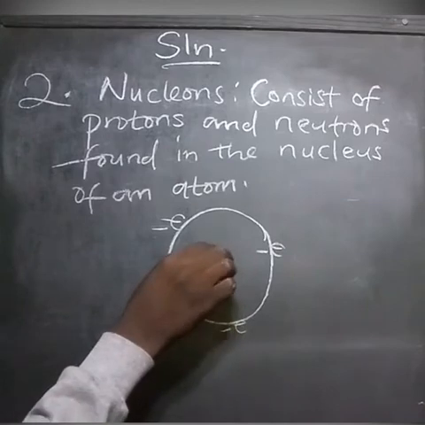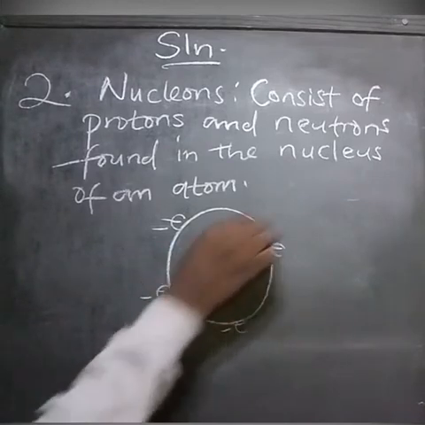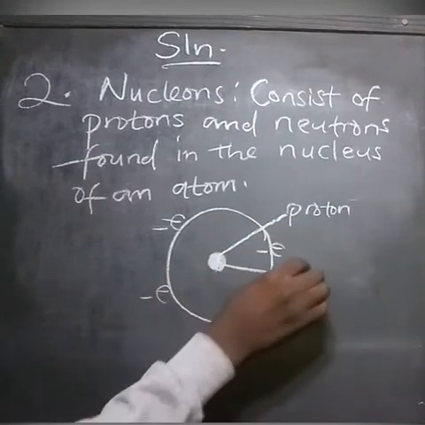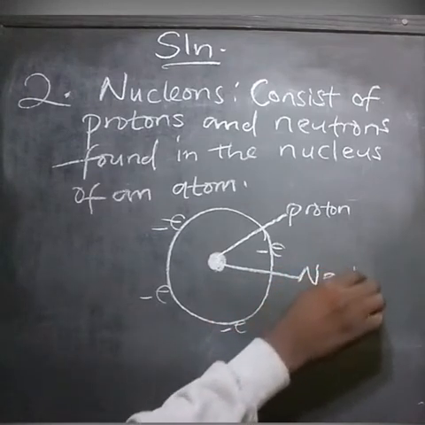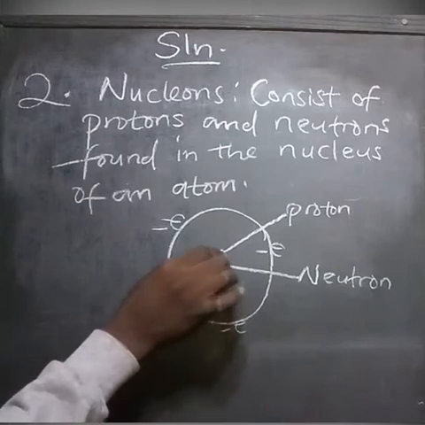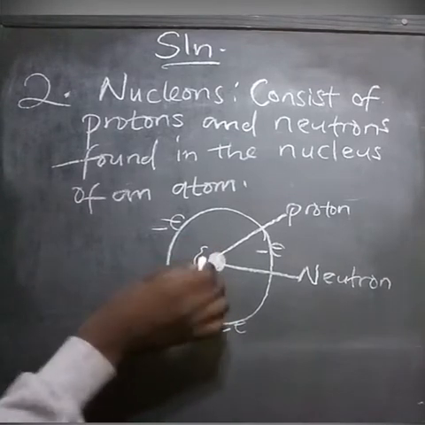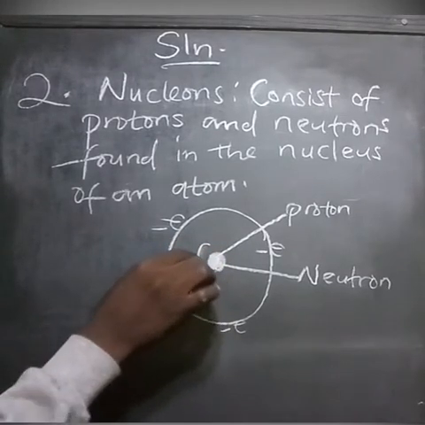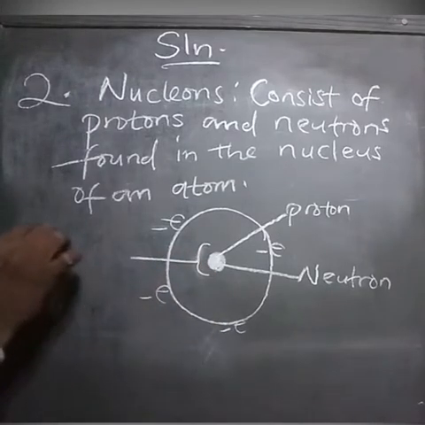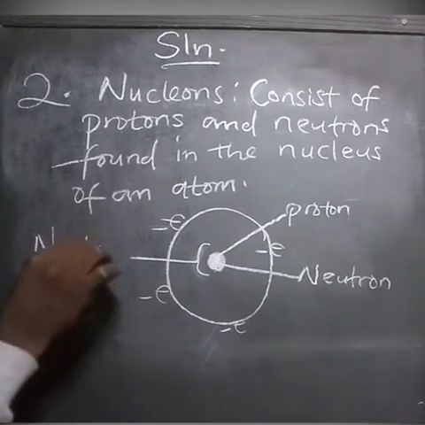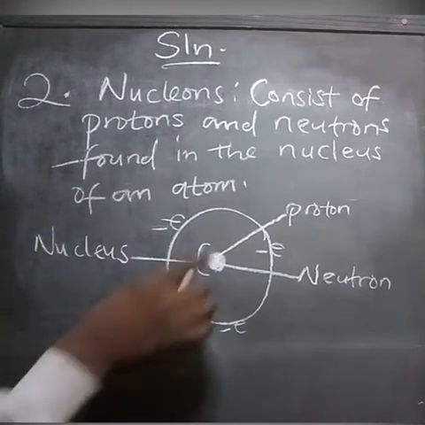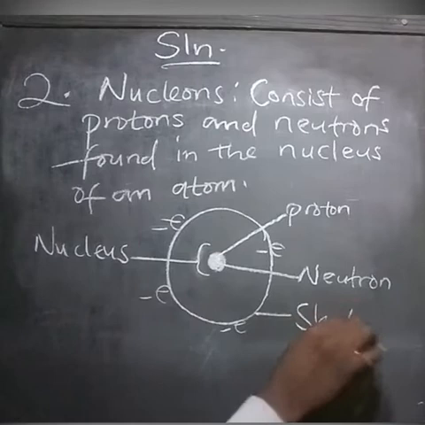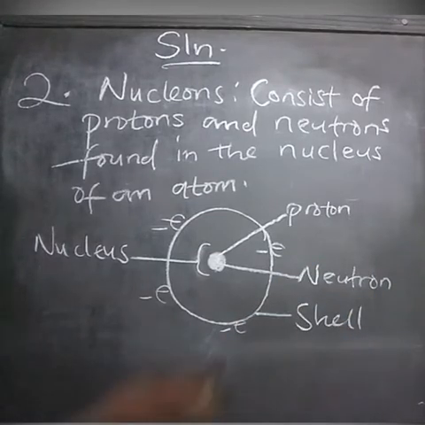So there is proton, and also neutron here in the nucleus, where this is called the nucleus, and this side is called the orbital or shell.